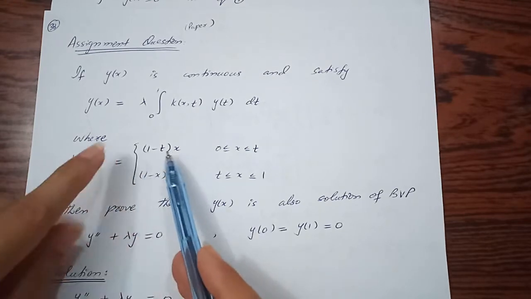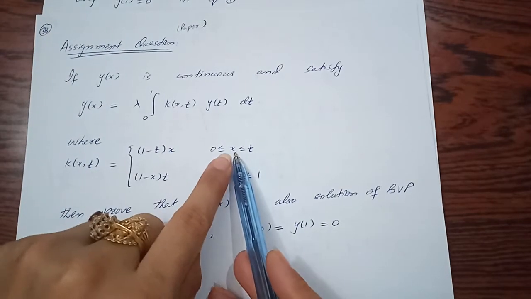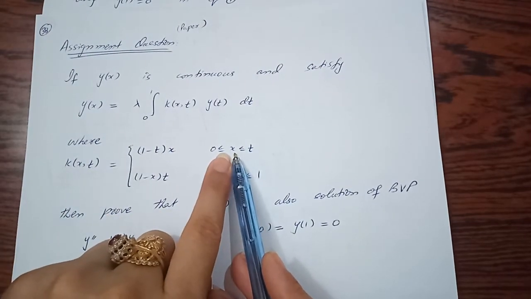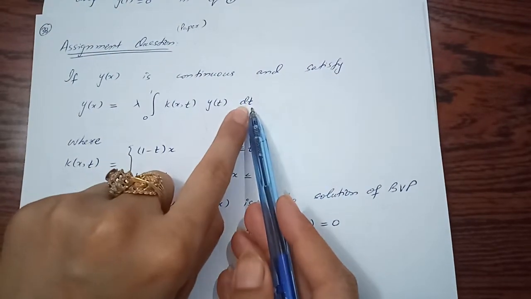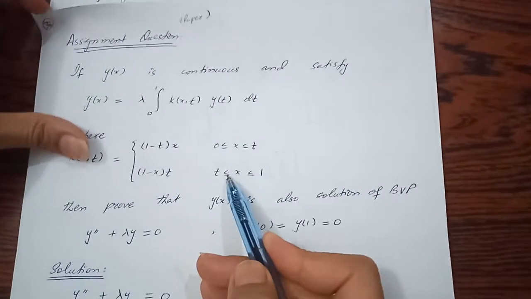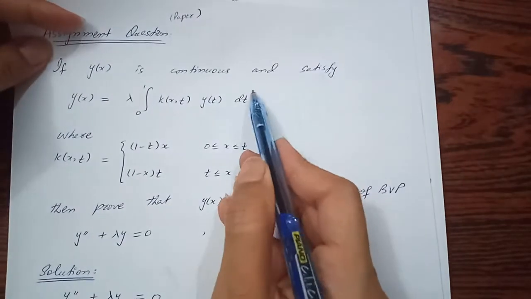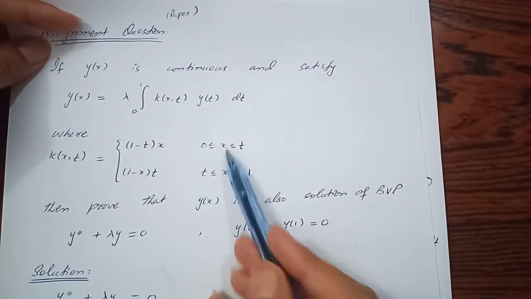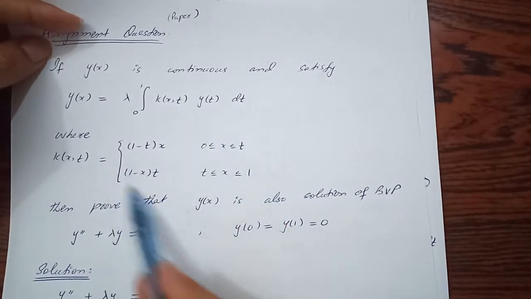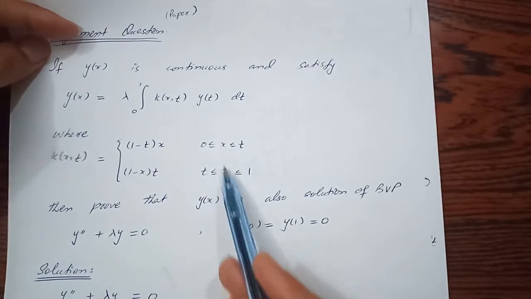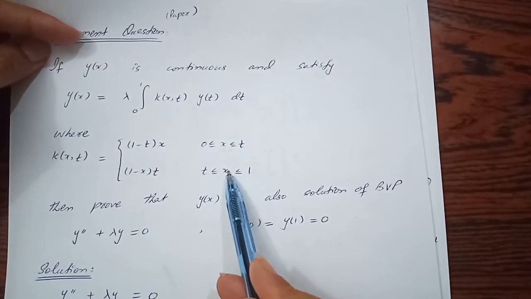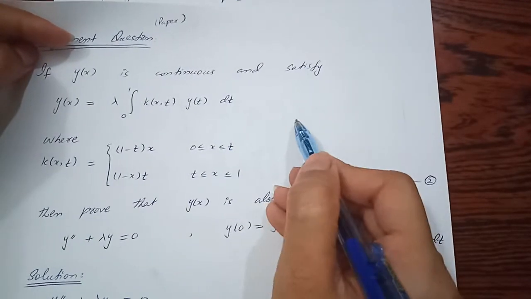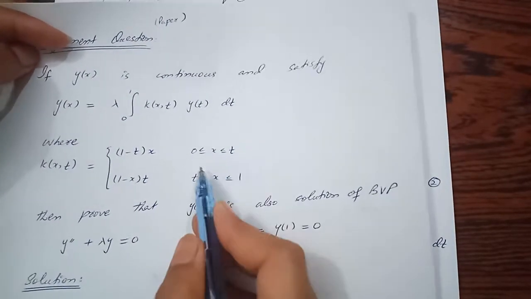But keep it in your mind, your kernel of xt is written according to the limits for x and your integral is for t. So don't do it directly. Just think about it. Your integration is with respect to t and your limits of integral are with respect to x. So first convert these into t. How can we convert this middle one into t? We just have to replace x with t and t with x.